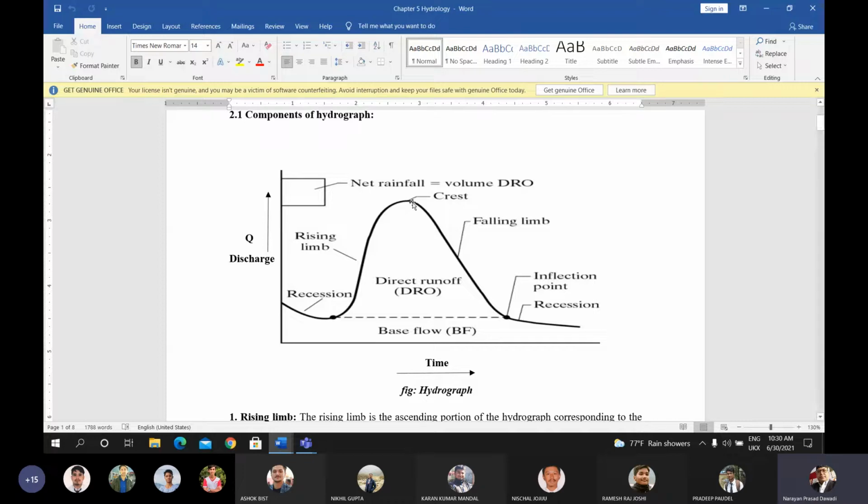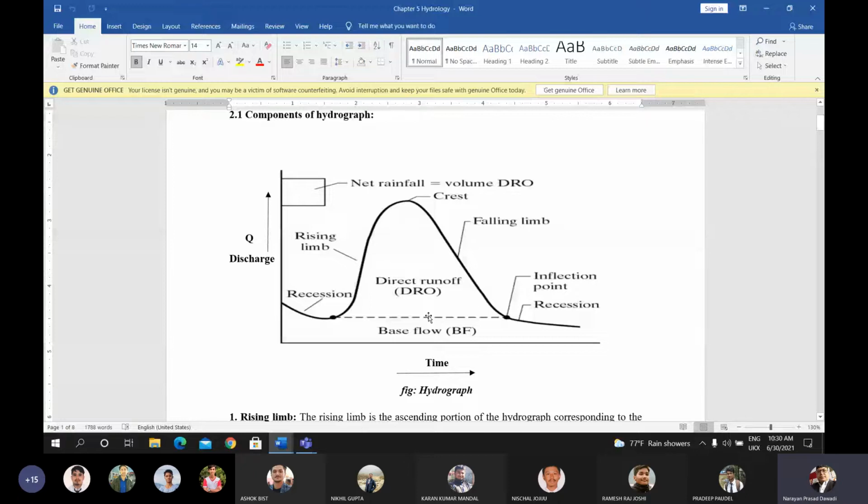After reaching the peak of the flood discharge and after the slowing of the rainfall, the contribution of water reaching the river becomes less, the discharge falls, and this hydrograph curve falls downward like this.